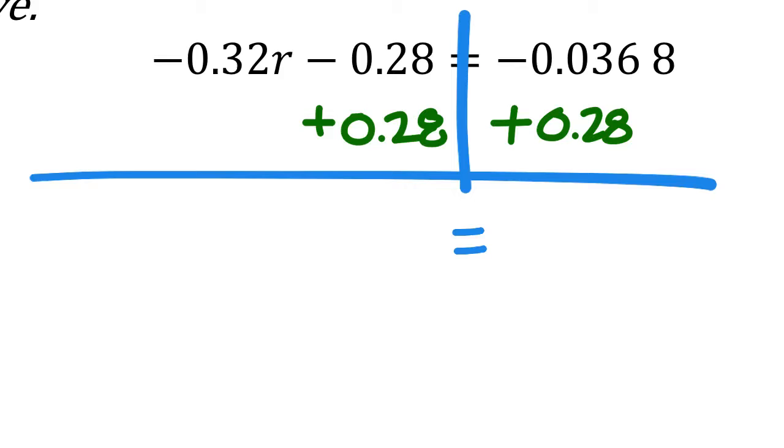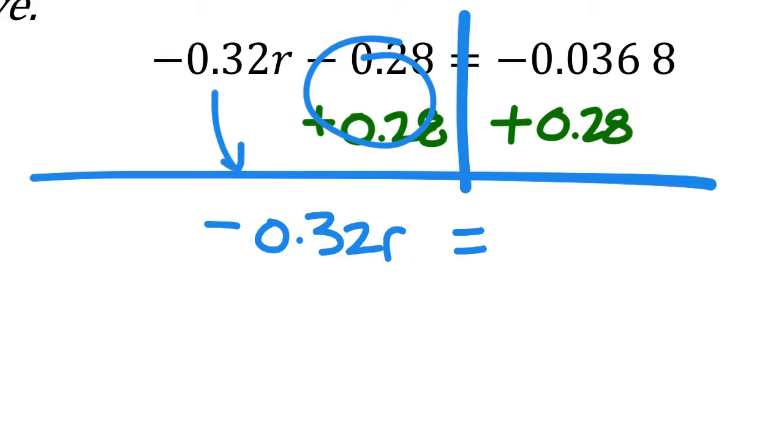0.28. Then I drop this negative 0.32r. Now that isolated it because this has become a 0. And I'll just put that in the calculator because I'm worried I'm going to do it wrong in my head. So negative 0.0368 plus 0.28.